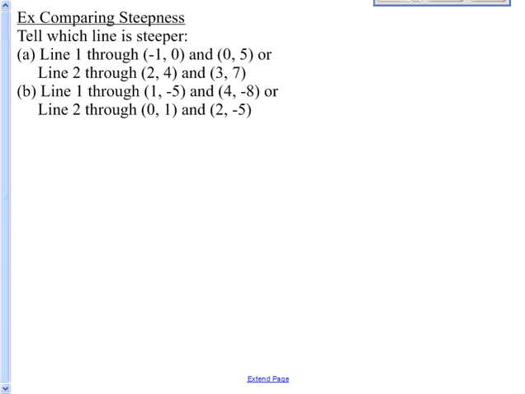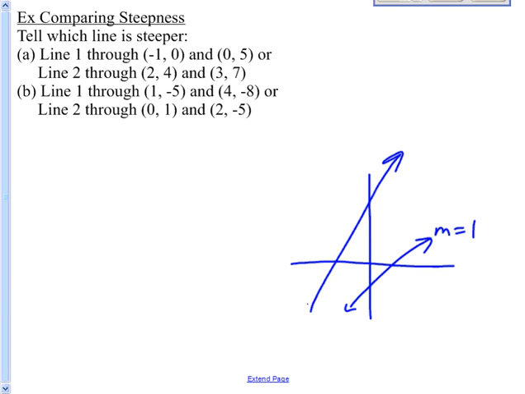All right, let's go on here. Line 1, tell which line is steeper. And let's talk about steepness for a minute. Let's say we have two lines, and here's one, and let's say this slope is 1, and we have this other one, and its slope is 3.